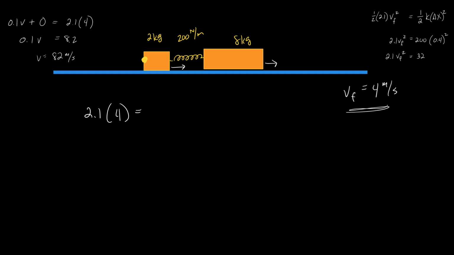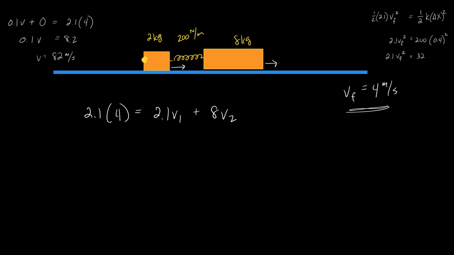And it's when the spring regains its original length, so the spring is no longer applying a force to either block because the spring is neither compressed nor stretched. You guys follow that okay? All right, so that'll be 2.1 v1 plus 8 v2. That's the momentum part of the problem.